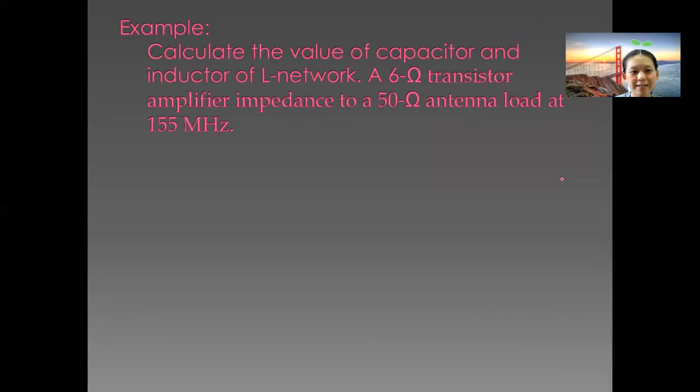Now we go for an example. Calculate the value of the capacitor and the inductor of our L network impedance matching network, given a 6 ohm transistor amplifier impedance to a 50 ohm antenna load at a frequency of 155 megahertz.